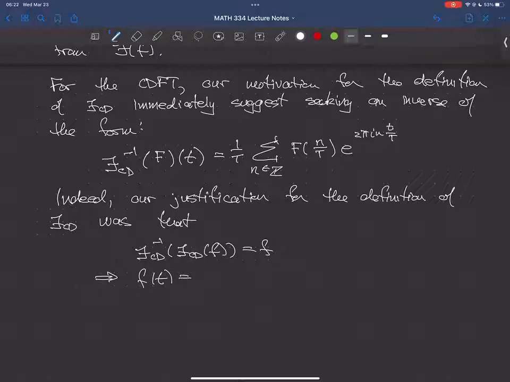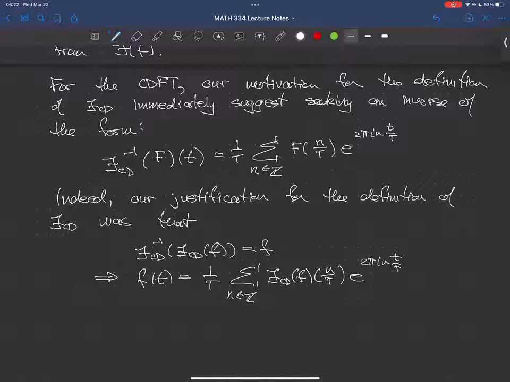Again, none of these equal signs are actually reasonable, but let's not fuss with it. Okay. f of t is 1 over T, sum over n in the integers, F_CD of f at n over T, e to the 2 pi i n t over T, okay?